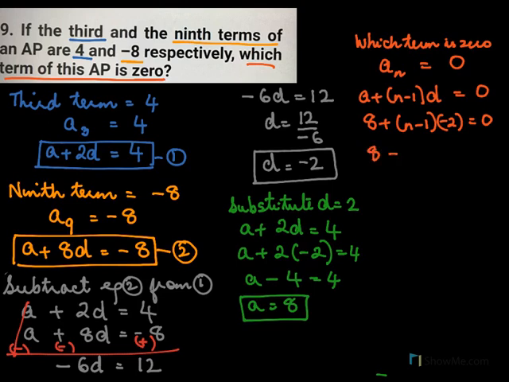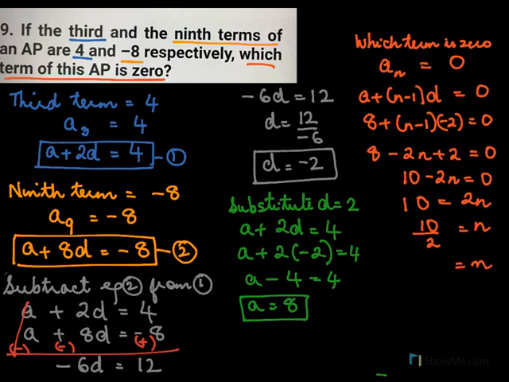We open the bracket, so we have minus 2n plus 2 equal to 0. So 8 plus 2 is 10, minus 2n equal to 0. So 10 equal to 2n, we take it on the other side, the sign changes, so n is 10 over 2, n equal to 5. So which term is 0? The fifth term of this AP is 0.